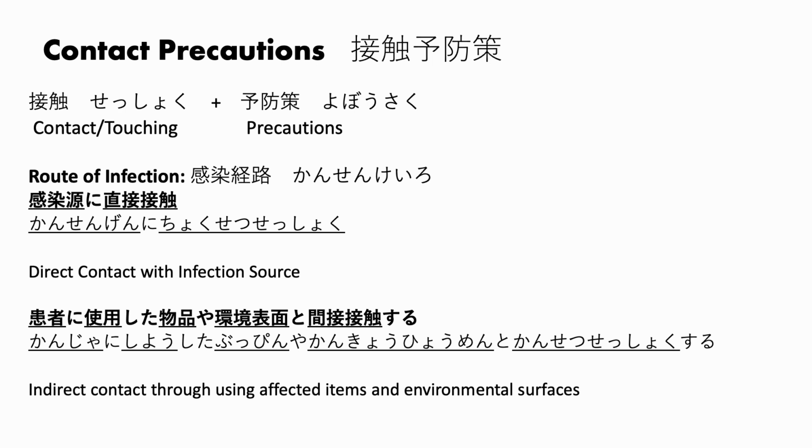I've written down the hiragana under the kanji to help read the kanji and have underlined where the kanji is in correlation to where the hiragana translation is in the sentence. The other route of infection is 患者に使用した物品や環境表面と間接接触する, or indirect contact through using affected items and environmental surfaces.